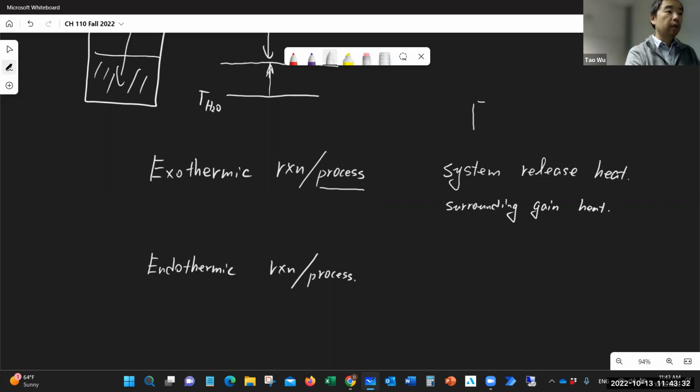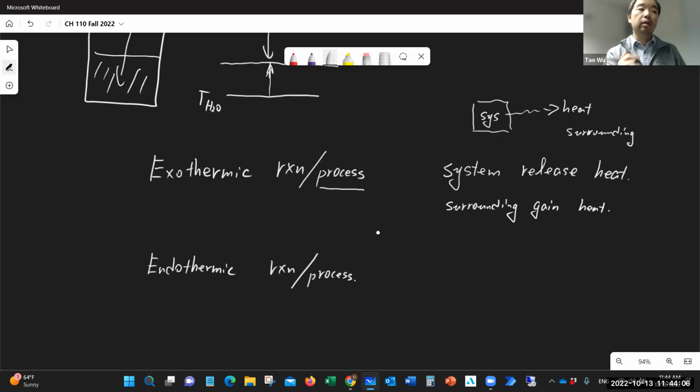For example, if we have some object that is producing heat, the object is what we observe, and this is the system. When it is releasing heat, the surrounding is on the outside. So you can see now the system is releasing heat, and the surrounding gains the heat.